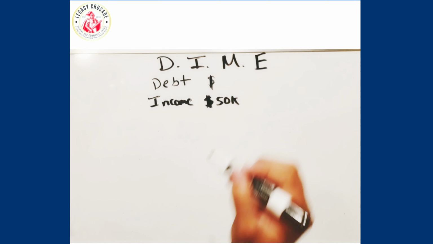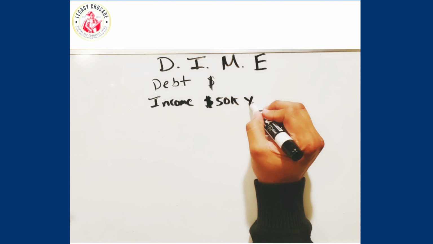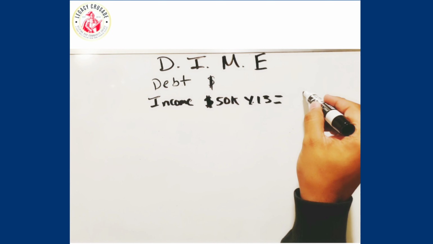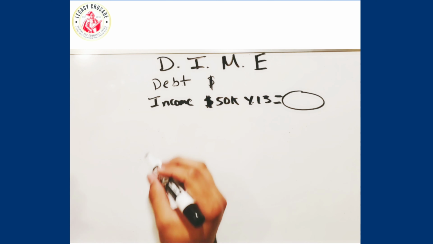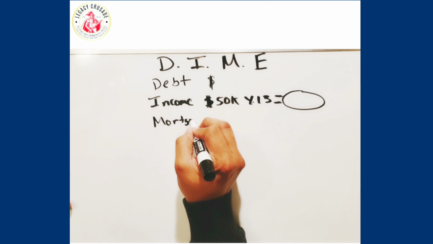So that's 13 years of your income that you want to leave behind. So you would take the $50,000 that you make times 13, and whatever that answer is what you're going to leave behind in case you pass away, so that your children or your spouse do not miss your income while you're gone. If you're a homeowner, you want to make sure that you calculate the mortgage.